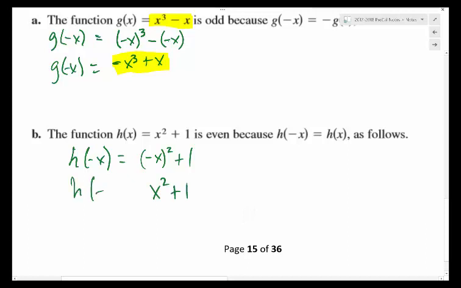So h of negative x results in the original equation with no sign being flipped. So as a result of that, because those two are the same, we would say the function is even. And that concludes today's video lecture.